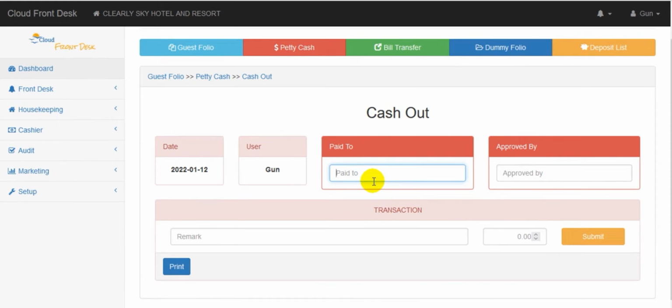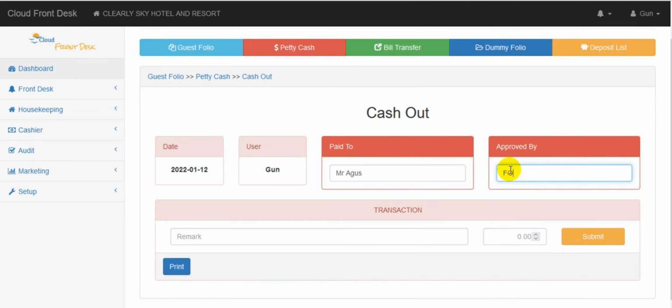Now here, if you cash out, the costs are, for example, gasoline and so on. For gasoline, we choose the cash out date. The user's date, the name of the cashier, and then who is paid to, for example, the one who picked us up at the airport.